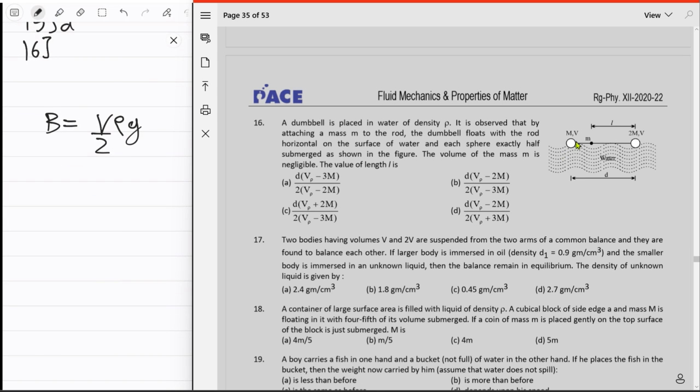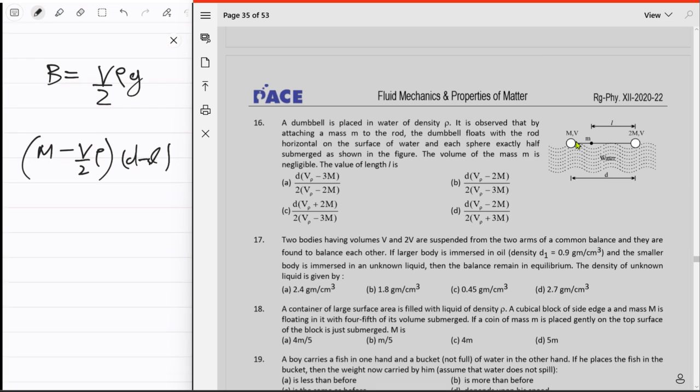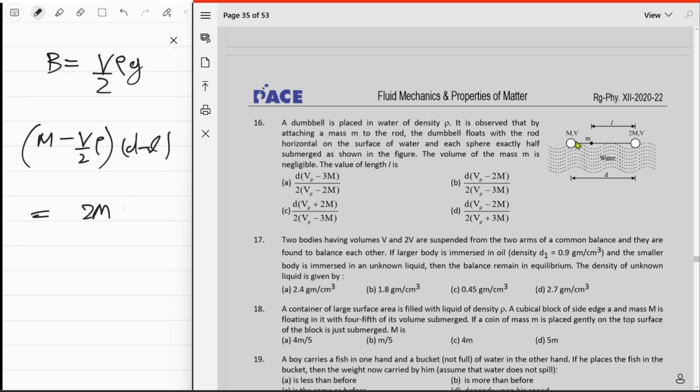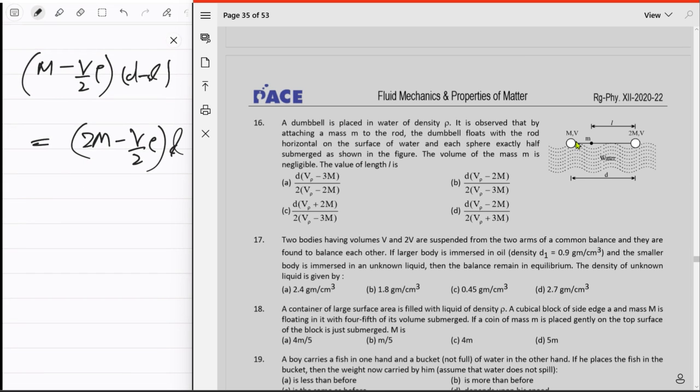So over here, what forces do we have? We have mg downward, minus V upon 2 rho upward, times, well, you got g, but that doesn't matter actually, times d minus L. That is equal to 2m minus V upon 2 rho times L. Let's do it.